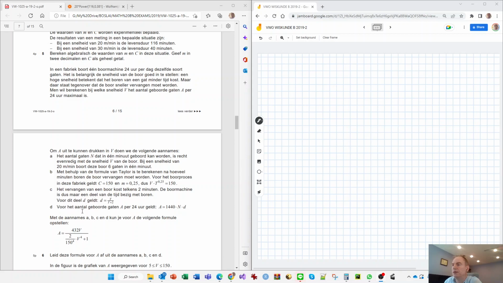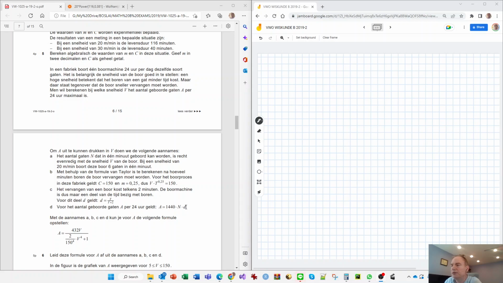And then they give an equation, which you don't need to derive, but it makes sense: there are 1440 minutes in 24 hours, N is the number of holes per minute, and d is the duty cycle.